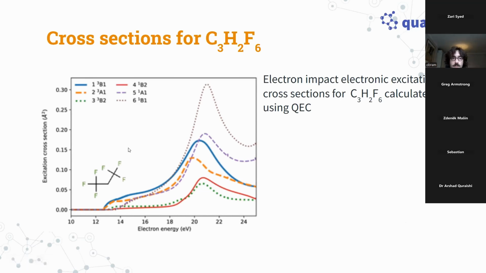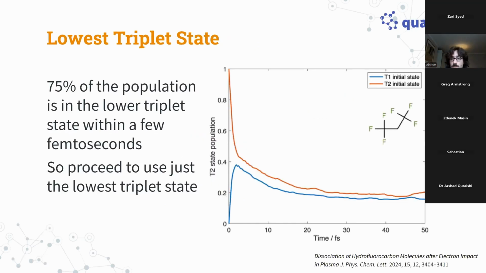And we can see that the triplet states here dominate, so we're just going to focus on them. And the first kind of result that has been published on this is that very quickly, as we start in the two lowest triplet states, the population falls very, very quickly into just the lowest triplet state.